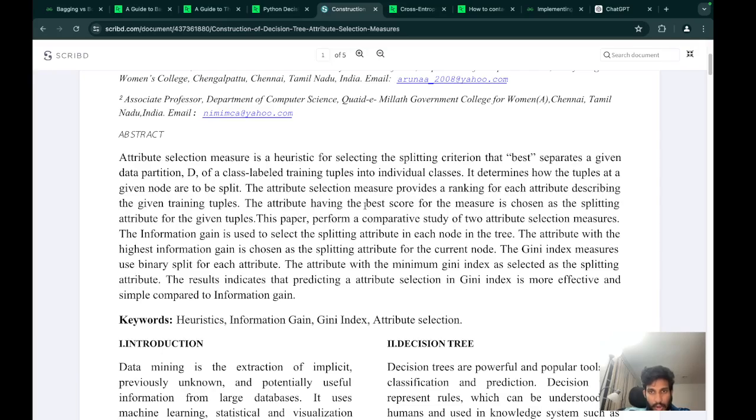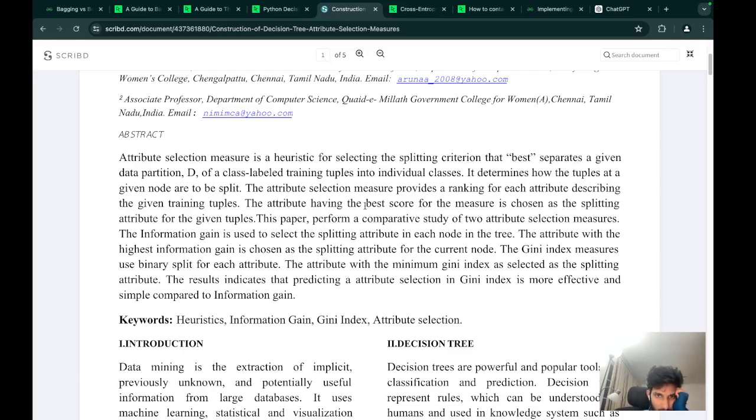The attribute having the best score for the measure is chosen as the splitting attribute of the given tuples. Oh my God. This paper gave a comparative study of two attribute selection measures.